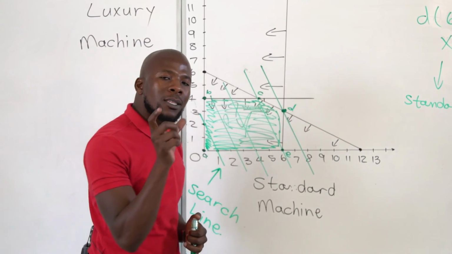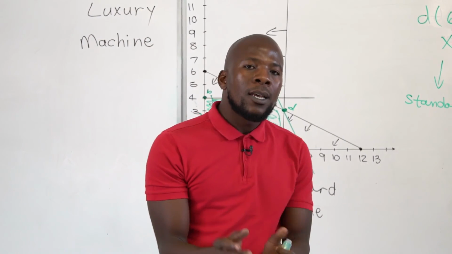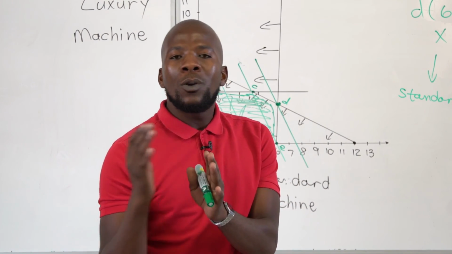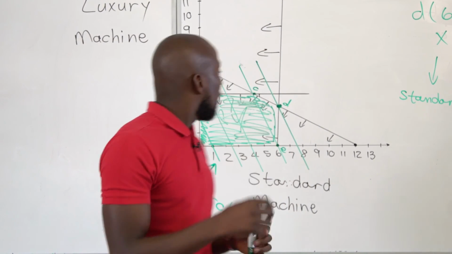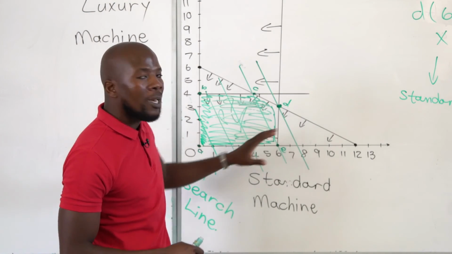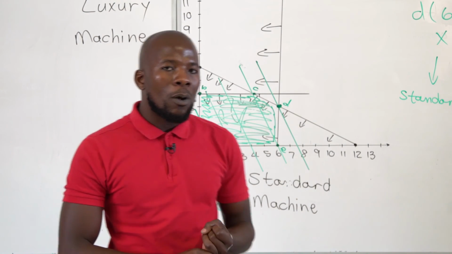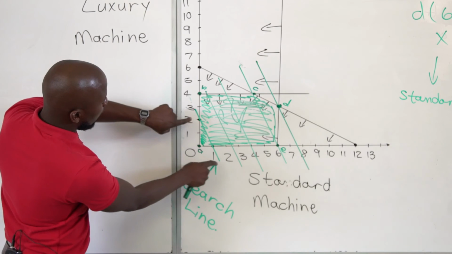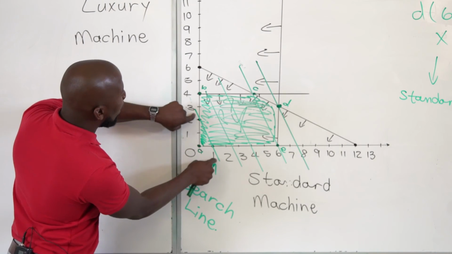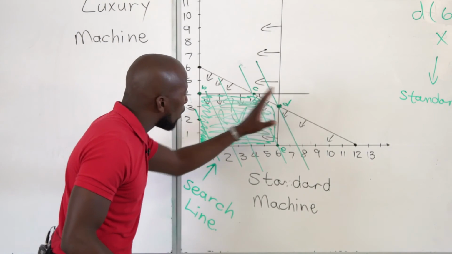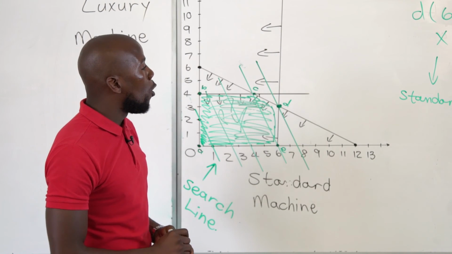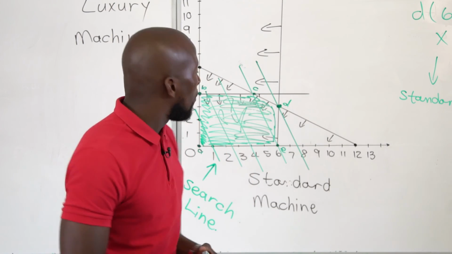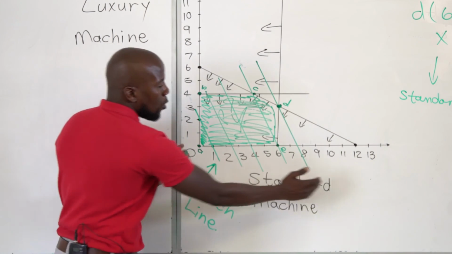You need to have a system that is consistent and it makes all the values equidistant. I hope I'm clear with that being said. If your Cartesian plane is not clearly sketched and it's not measured properly, then your gradient and your search line will not be accurate. It will give you false readings when you are trying to use the search line method. So I implore you and I urge you, by all means, make sure you focus on how you sketch your Cartesian plane.